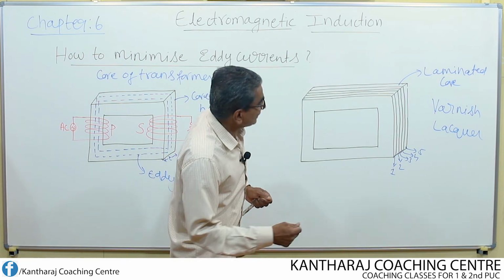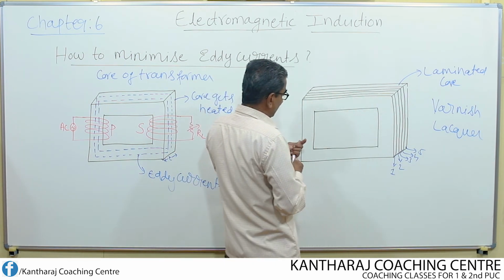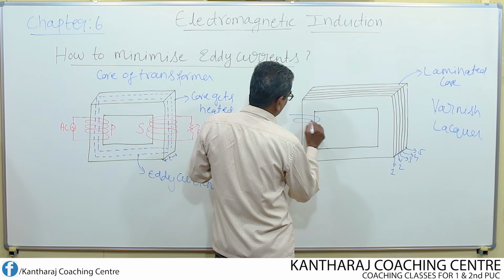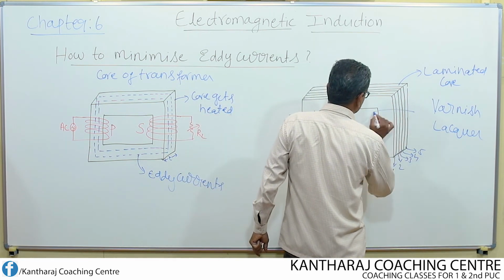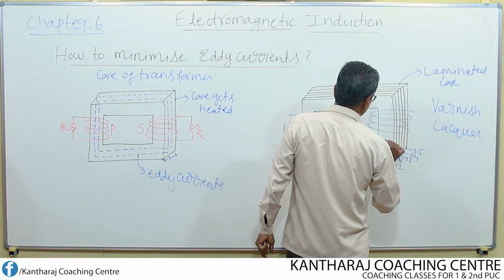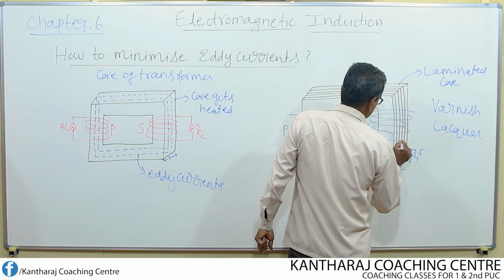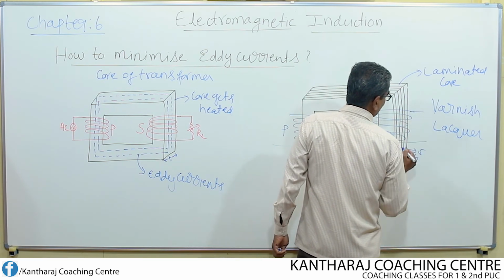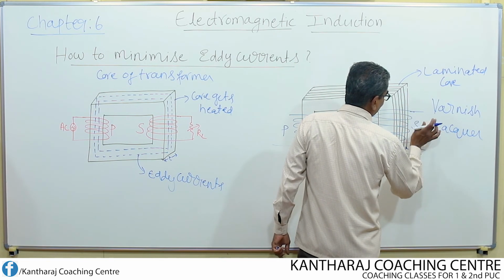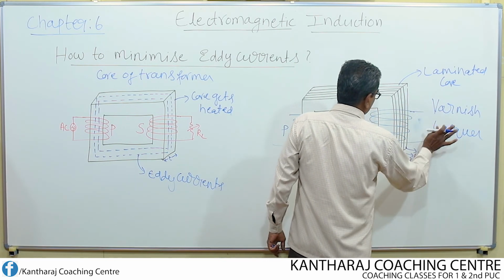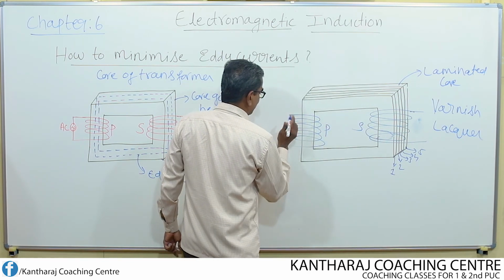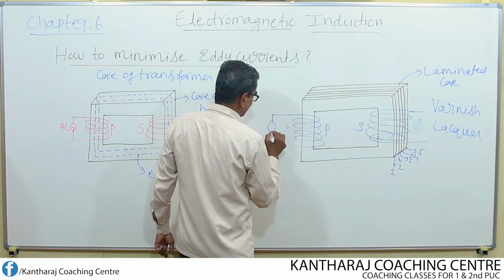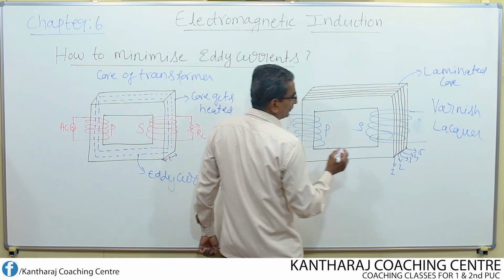When the resistance increases, the induced EMF decreases. Let us write the primary coil. So this is the primary coil and this is nothing but the secondary coil. As usual, the primary will be connected to an AC source, that means the input.